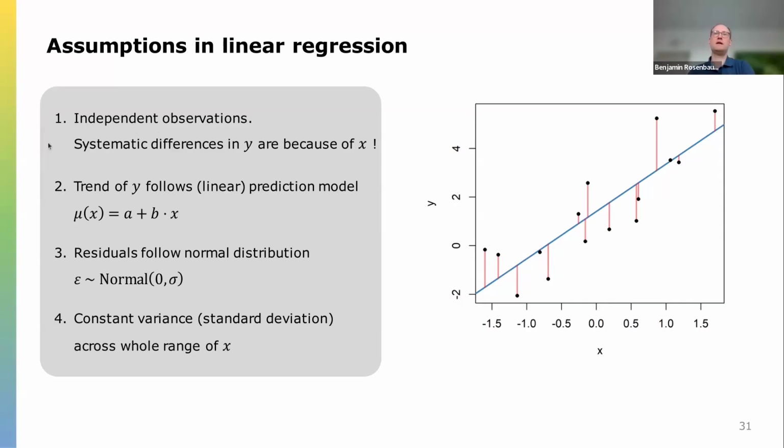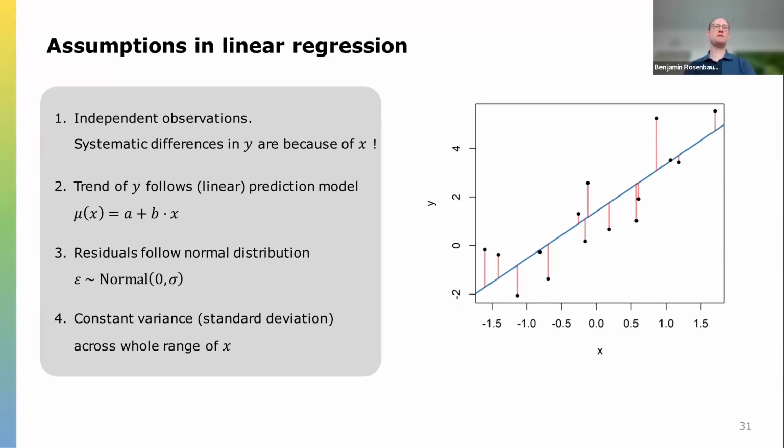But in the classical linear regression, you have to make sure that you see your data as actual independent observations. A second assumption: if you want to fit a regression line, you assume that this association actually follows some linear trend and not some other relationship.